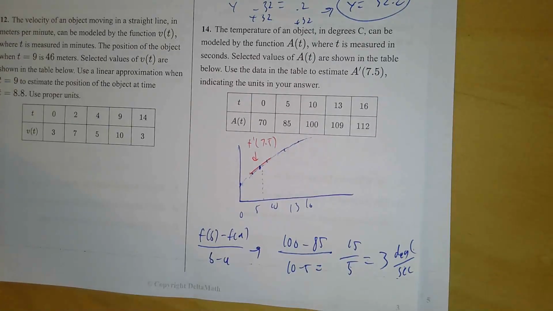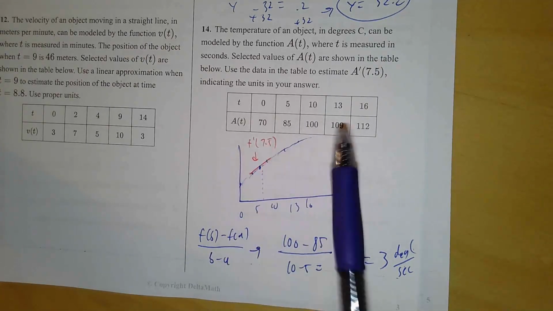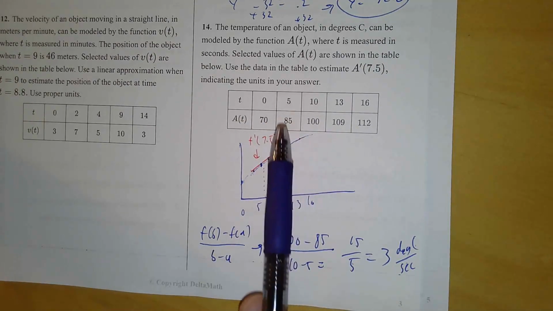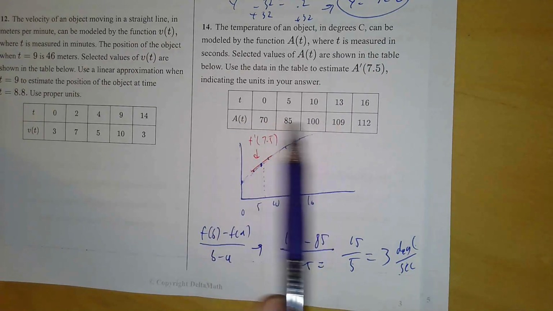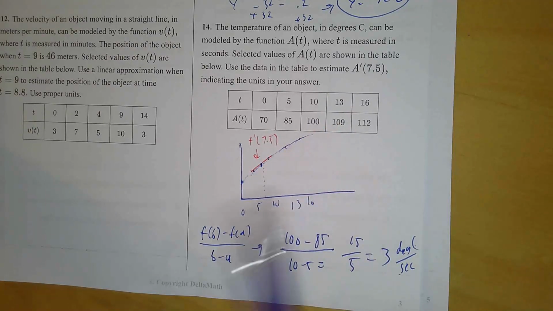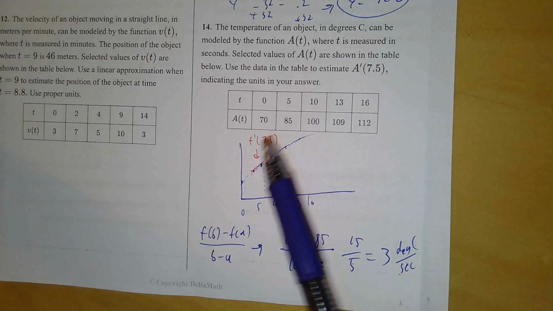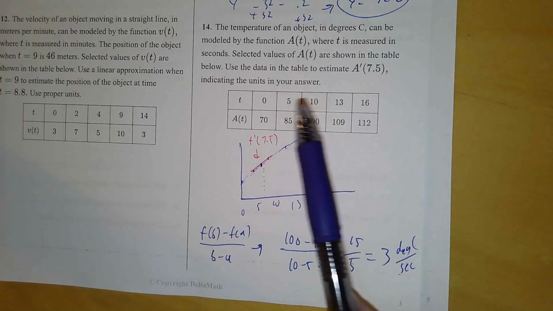Does that make sense? You're given a table of values, and you want to find the rate of change at a specific point that's not in it. Even if 7.5 was on the table, I wouldn't know the derivative, I'd just know the y value. You estimate the rate of change by taking the average rate of change of the points around it.